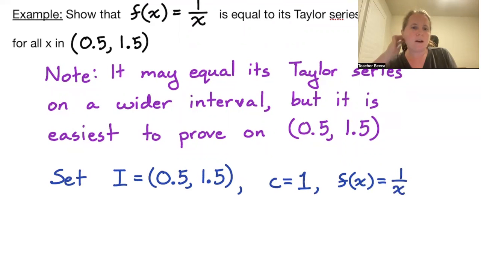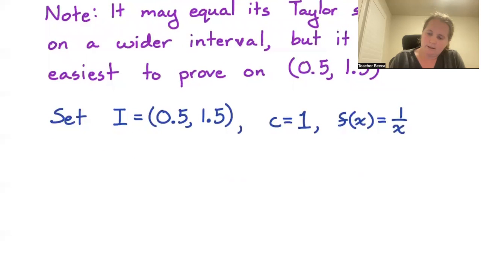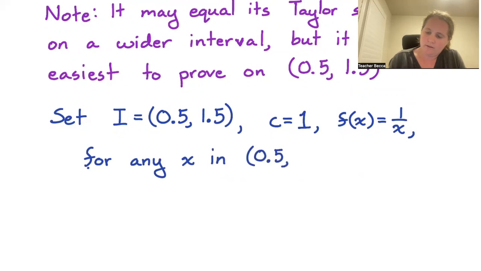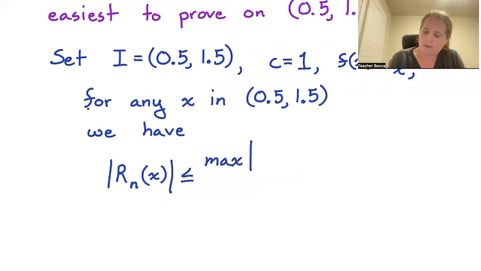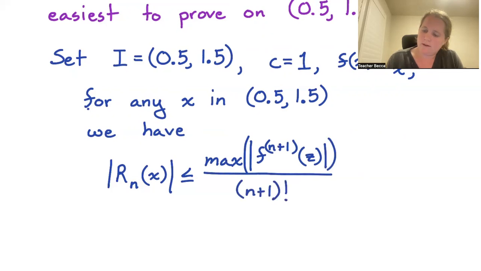Essentially, for any x in 0.5 to 1.5, we have that the absolute value of r sub n of x is less than or equal to the max of the absolute value of the n plus first derivative of f over the interval I, over n plus 1 factorial, times the absolute value of x minus 1 raised to the n plus 1.